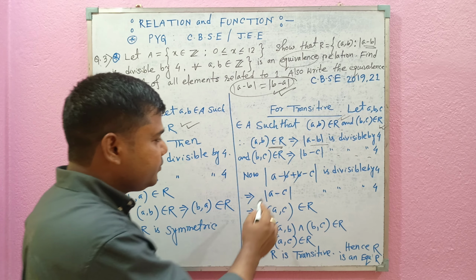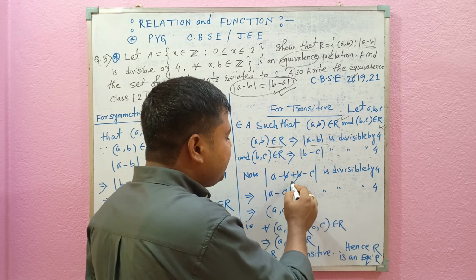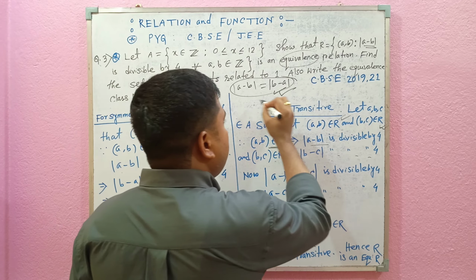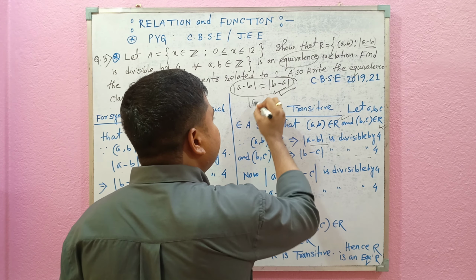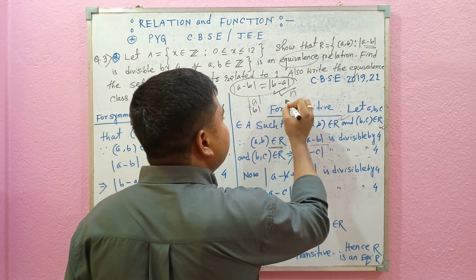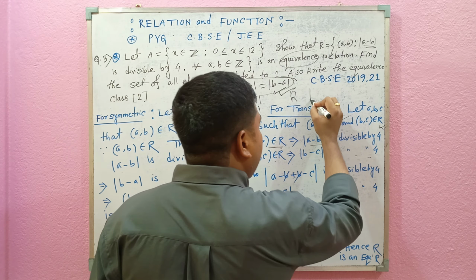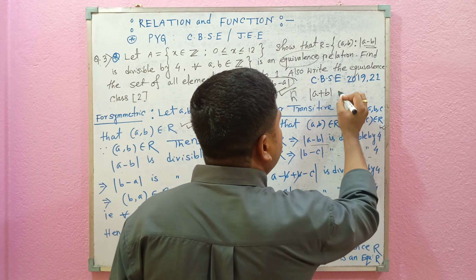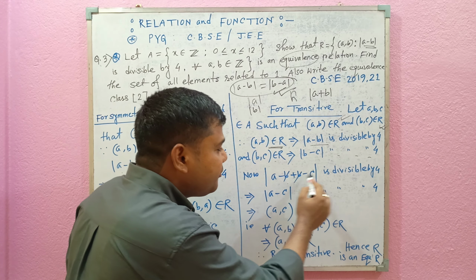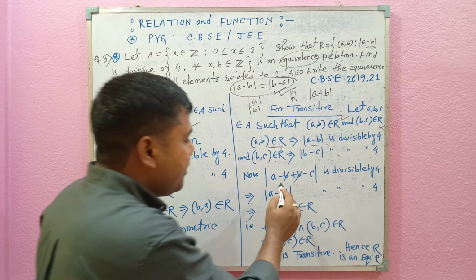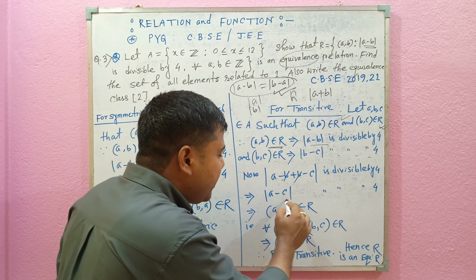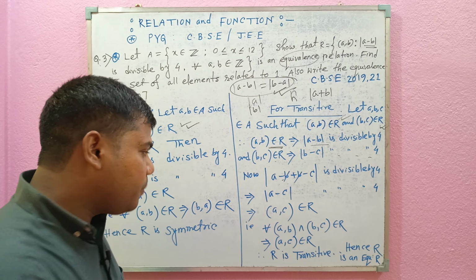Now we have modulus of (a minus b) plus (b minus c). We know that if modulus a is divisible by n and modulus b is divisible by n, then modulus of a plus b is divisible by n. Okay, so modulus of (a minus b) plus (b minus c) is divisible by 4. Minus b plus b cancels out, so modulus of a minus c is divisible by 4.